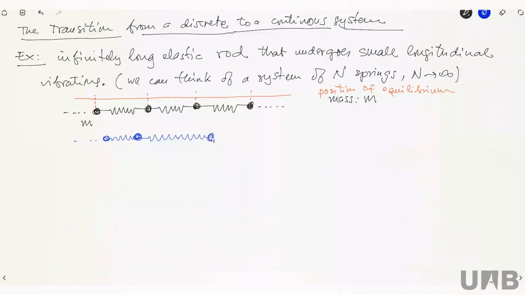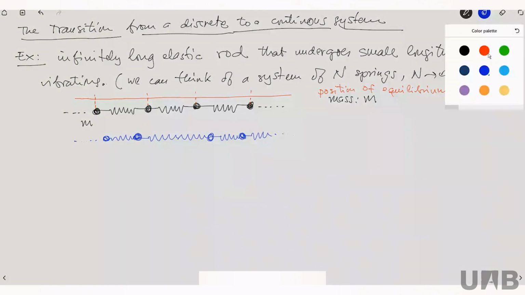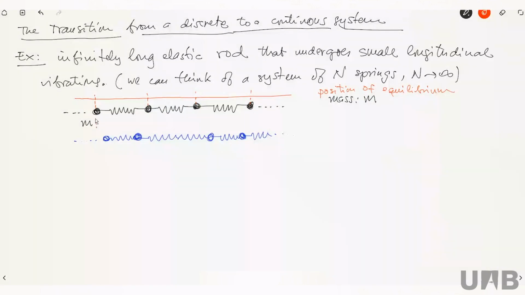Now here, maybe this one was compressed, and so on and so forth. So that is the situation. Now, this is the position of equilibrium, position of equilibrium, and position of equilibrium.